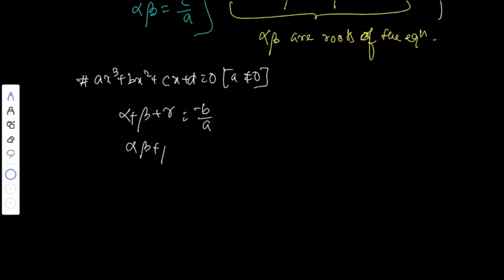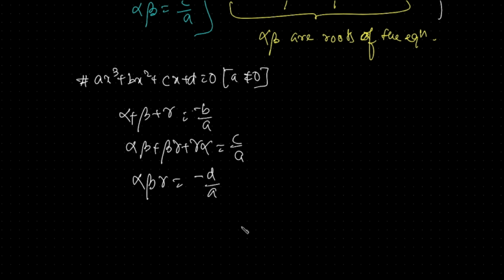Alpha beta plus beta gamma plus gamma alpha becomes c by a. And alpha beta gamma is minus d by a. You're thinking minus, plus, minus, it goes in that way only.